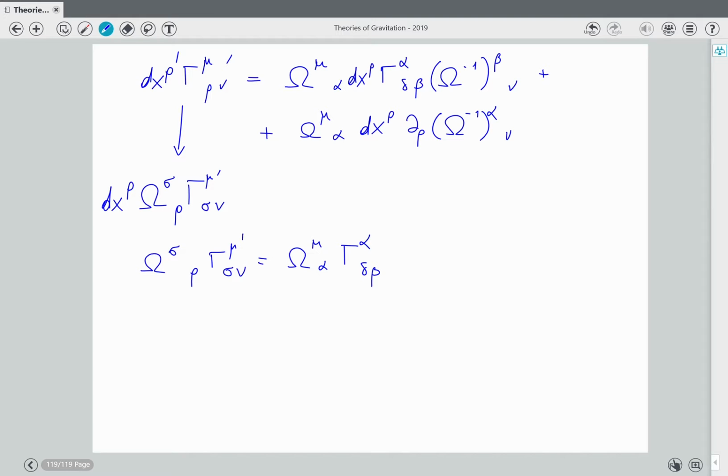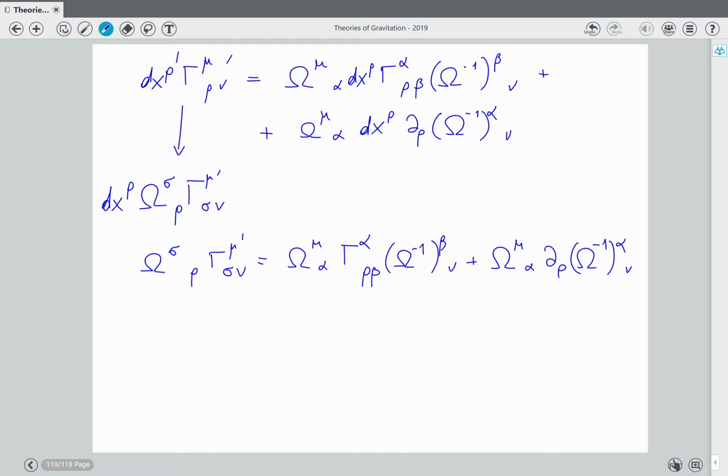This delta is rho. Rho beta, omega minus 1 beta nu, plus omega mu alpha partial rho omega minus 1 alpha nu.